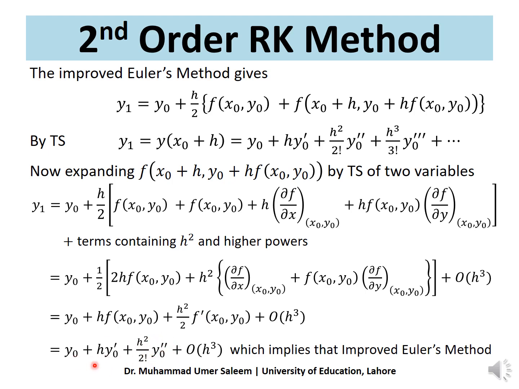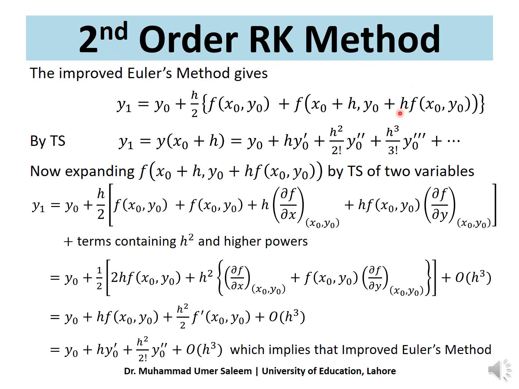Now look at this equation and at this equation, this is the Taylor series expansion. So these two equations coincide in the first three terms, or terms up to h square. So here r is 2, that's why this is called the second order RK method.